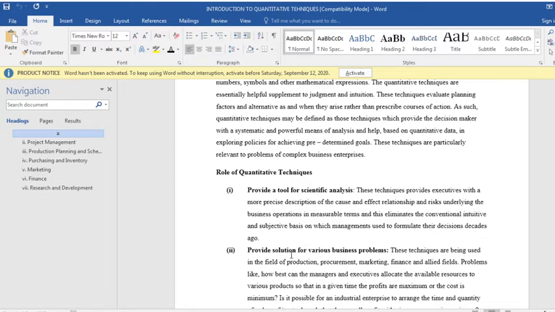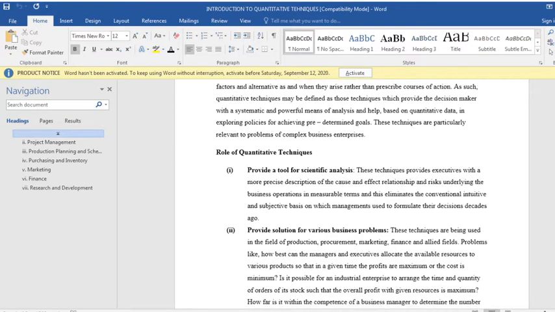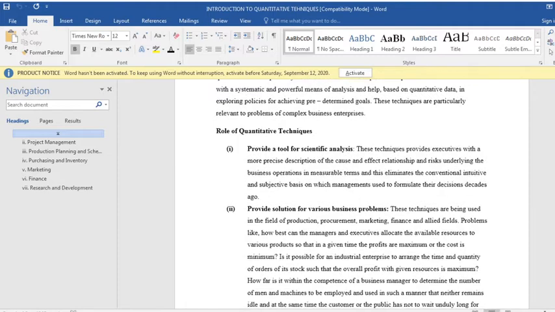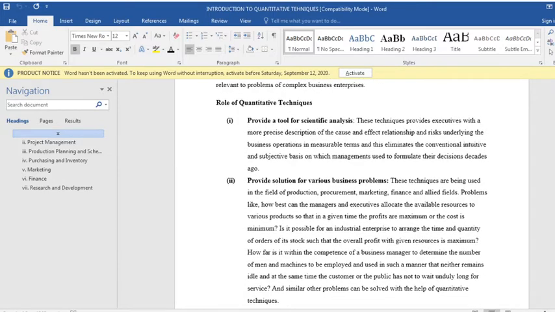The other role is that it provides solutions for various business problems. When a business is running, it normally faces some challenges. For example, we may not know how much stock we are supposed to hold, that is, to buy and store, so that our inventory cost can be kept minimum. There is a topic in quantitative techniques that helps managers solve that.